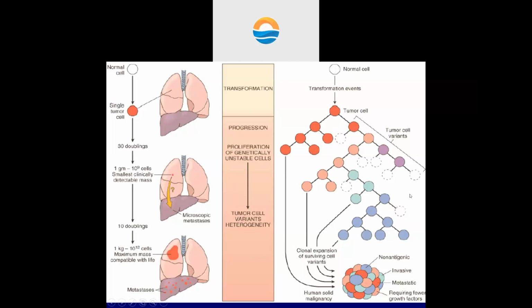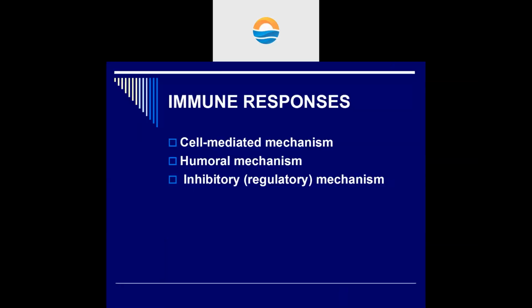So we have various kinds of tumor cells. And with every division, we also see the clonal expansion of surviving cell variants. So it helps the tumor to survive. And after another 10 doublings, we have 1 kilogram of tumor. That is the maximum mass compatible with life of the patient. And also we have distant metastasis.